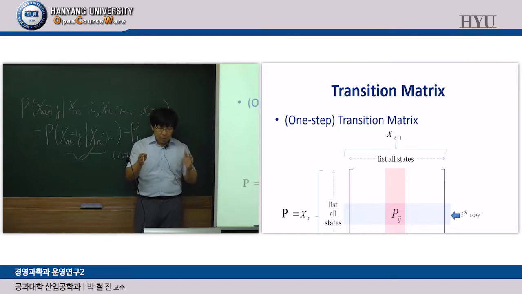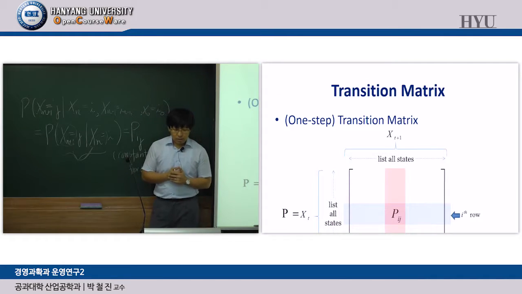And then we can construct a square matrix with one-step transition probabilities. Okay, how many different cases can we consider when we construct a transition matrix?